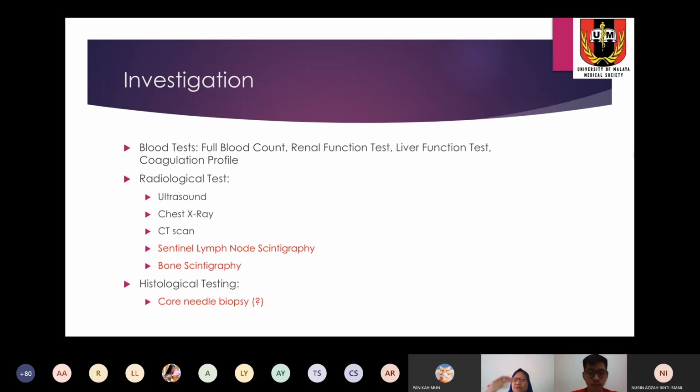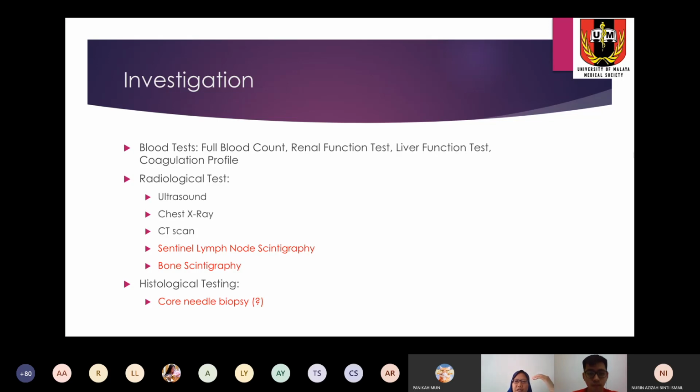CT staging must include your lungs, abdomen, and pelvis. It doesn't include your bones. A CT scan sometimes sees bone metastasis, but it is not sensitive enough to diagnose whether the patient has bone metastasis or not.